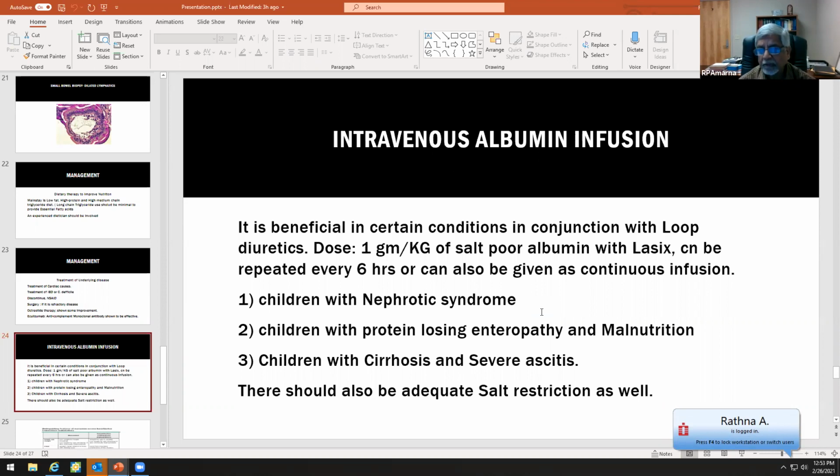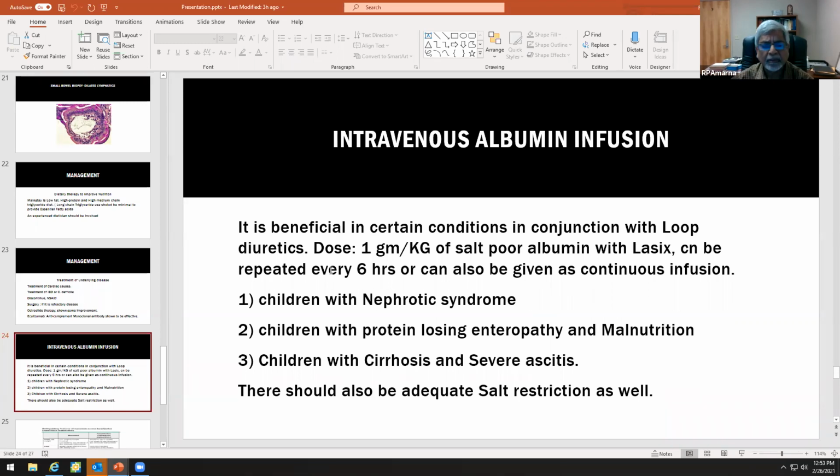So what you need to do is give them albumin, and that will suck in the water in there, and immediately you need to excrete that out of the intravascular volume. So you follow that with the Lasix, so they will have a significant diuresis that will reduce the edema. So that's what you need to do. You always have to go with an albumin infusion followed by diuretic, especially Lasix.